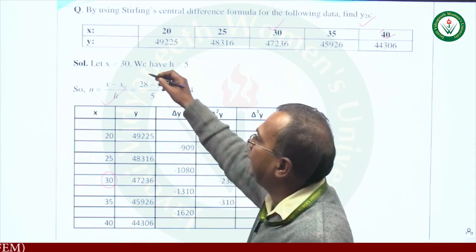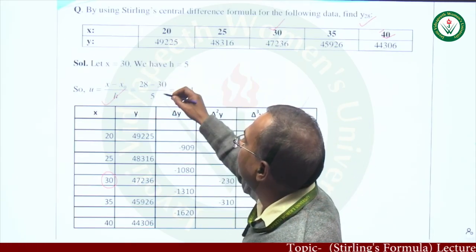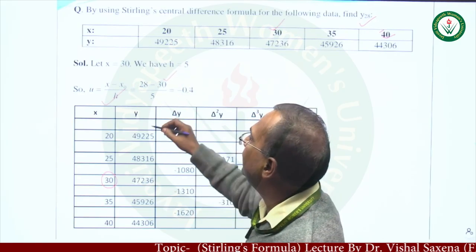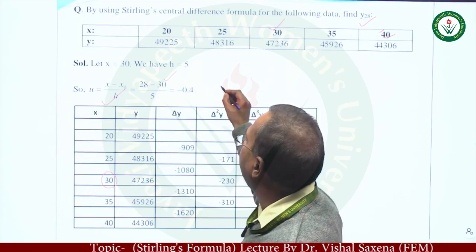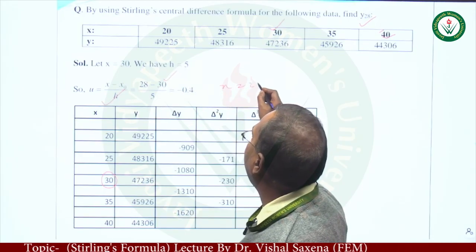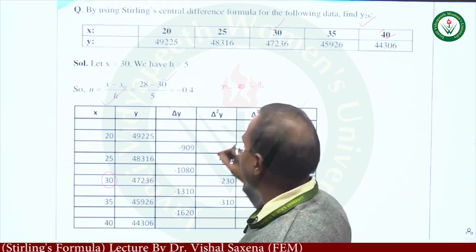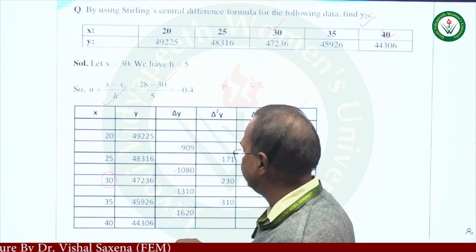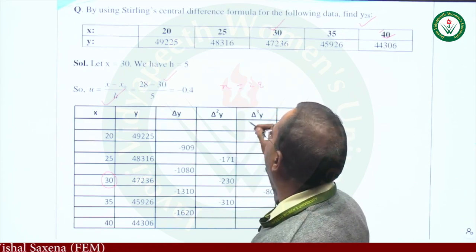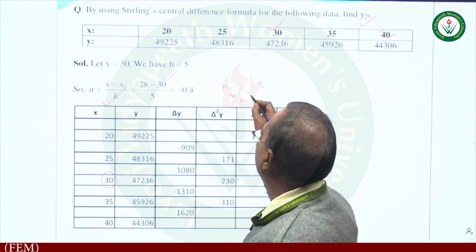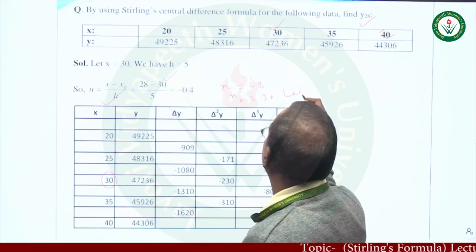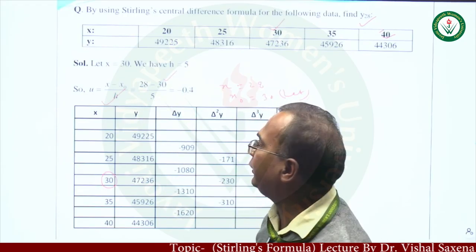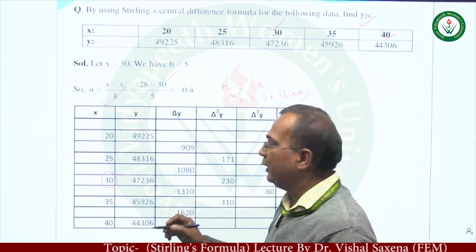So X naught can be taken as 30, because it is the center value, and the value of X is 28.